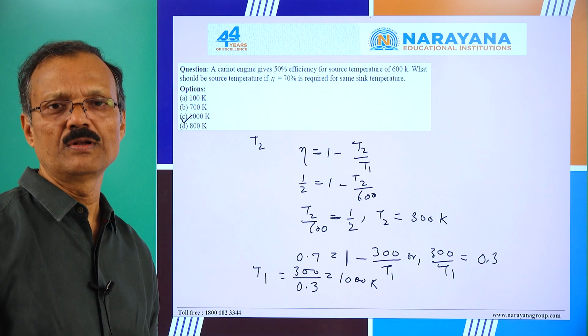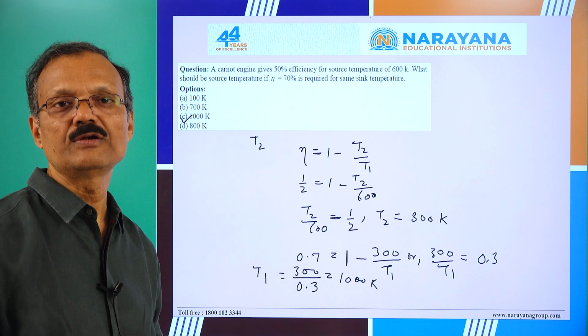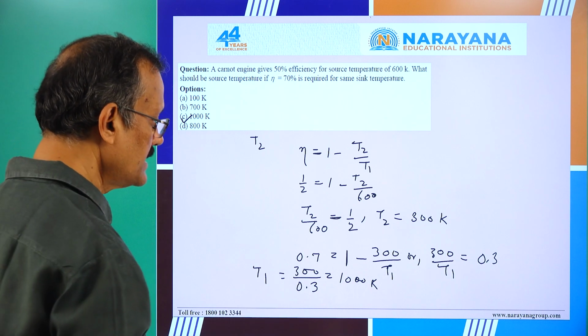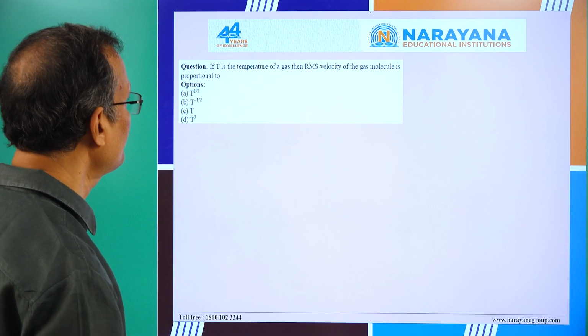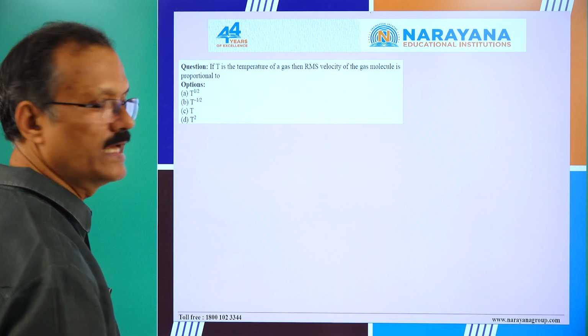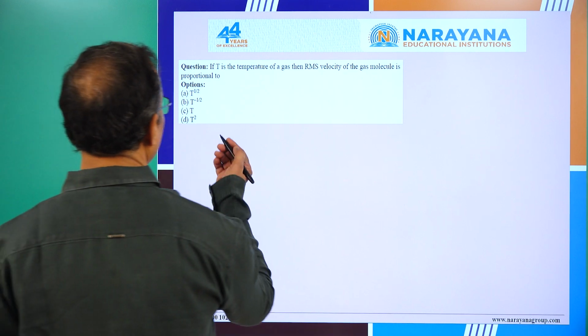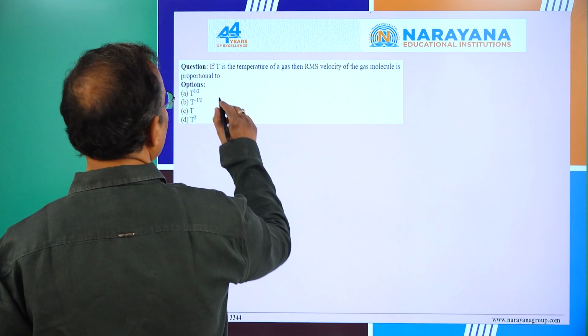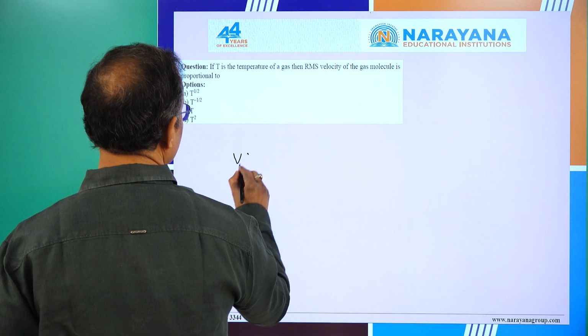Check simple formula based eta equals 1 minus T2 by T1. Let us move to next question now. T is the temperature of a gas, RMS velocity. Again, under root 3RT by M. So, they are asking you RMS speed, VRMS.